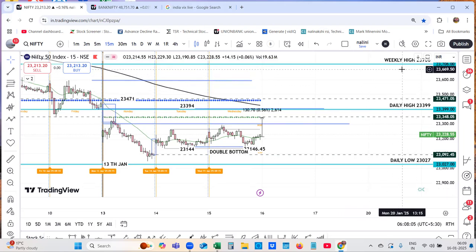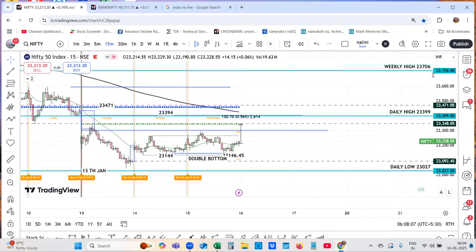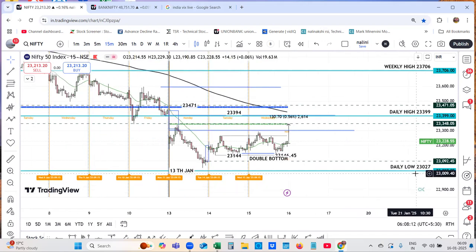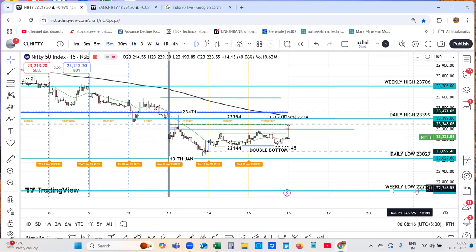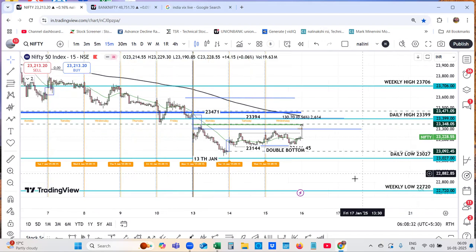And weekly high to be 23,706 and weekly low to be 23,027. Sorry, this is the extreme levels. On the upper side, 23,706 and extreme low to be 22,720.